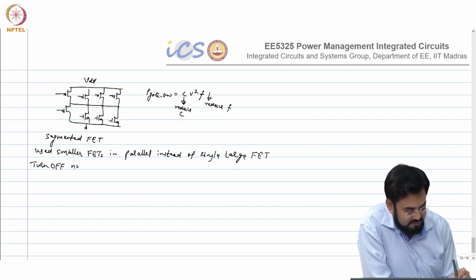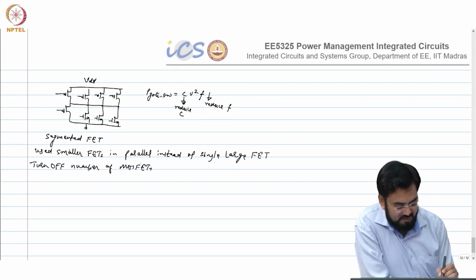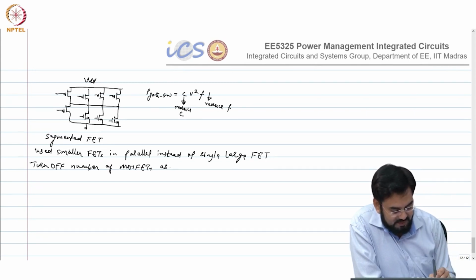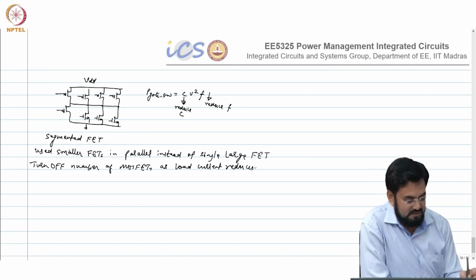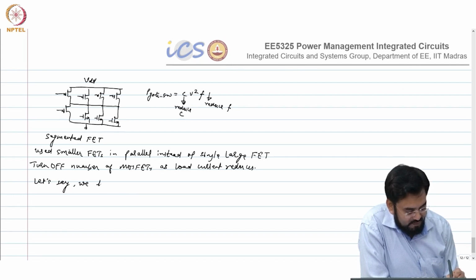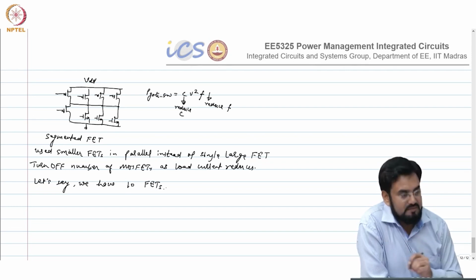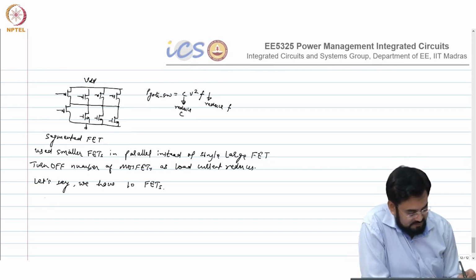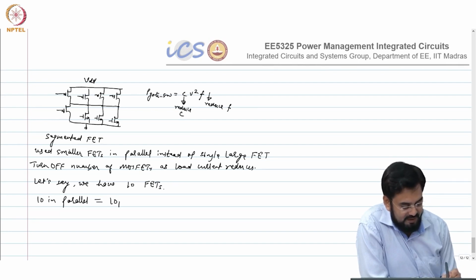Turn off. Okay. So let's say we have 10 FETs in parallel, let's say 10 picofarad in total.